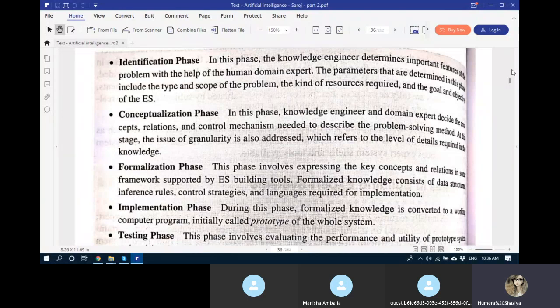And the cardiologist will provide feedback, and that feedback is used to revise the expert system if required. So, do you understand an expert system?